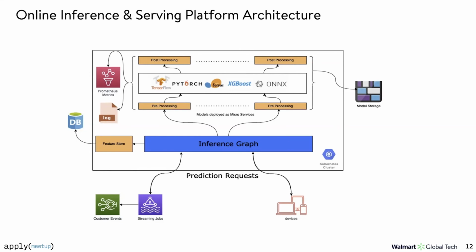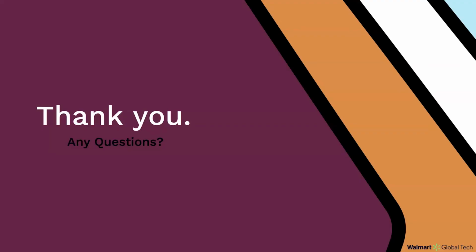So we use streaming jobs in those cases to find the prediction score and then update the data stores also. Yeah, so this is a preview of what our talk today about the intelligent customer preferences platform is. So yeah.